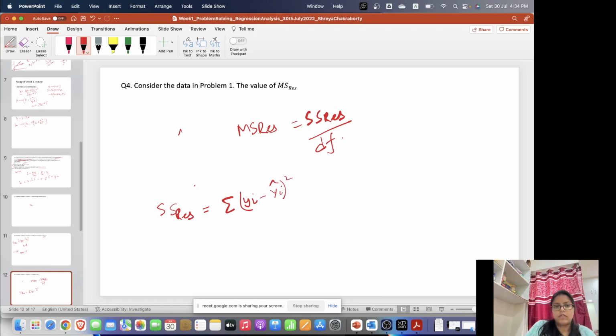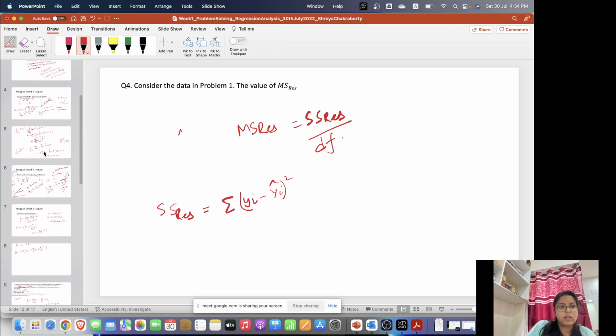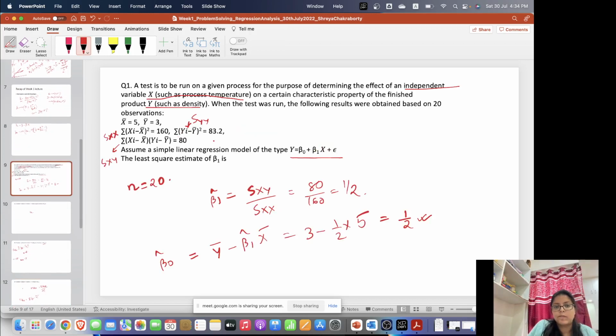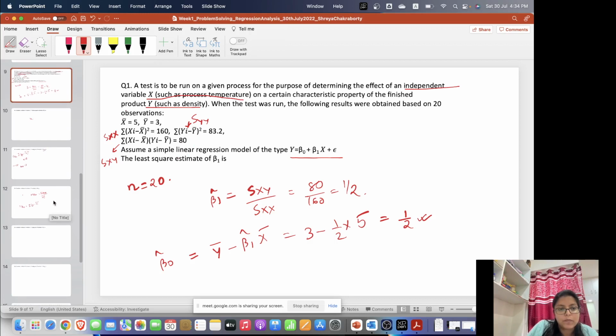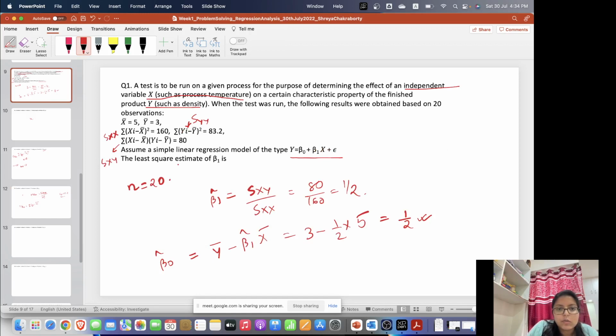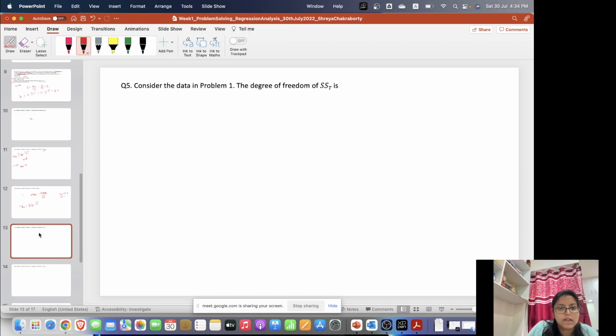So in this problem, if we scroll here, where is the problem? 83.2 is SYY, that is yi minus y bar whole square, and we need yi hat. So SYY was 83.2, SXY was 80, and SXX was 160. Okay.